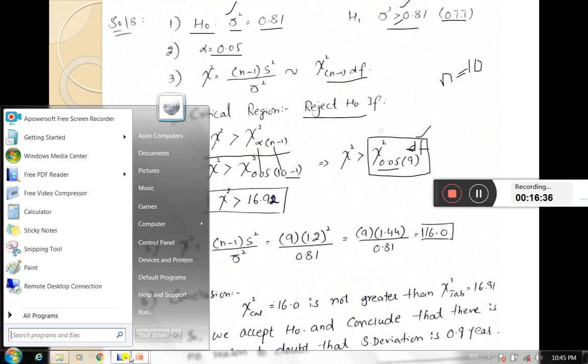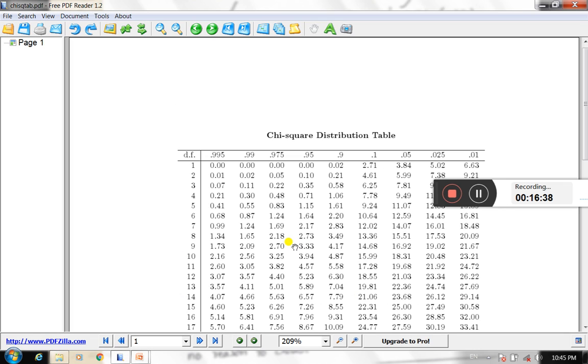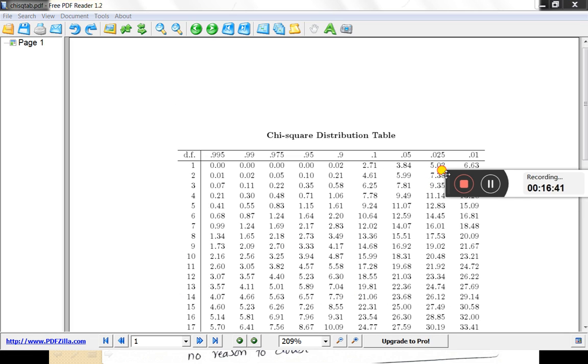Now look here, this is the chi square table. Dear students, if you focus, here is df and here is your 9, and at 0.05, if you look across, you will find this value 16.92.